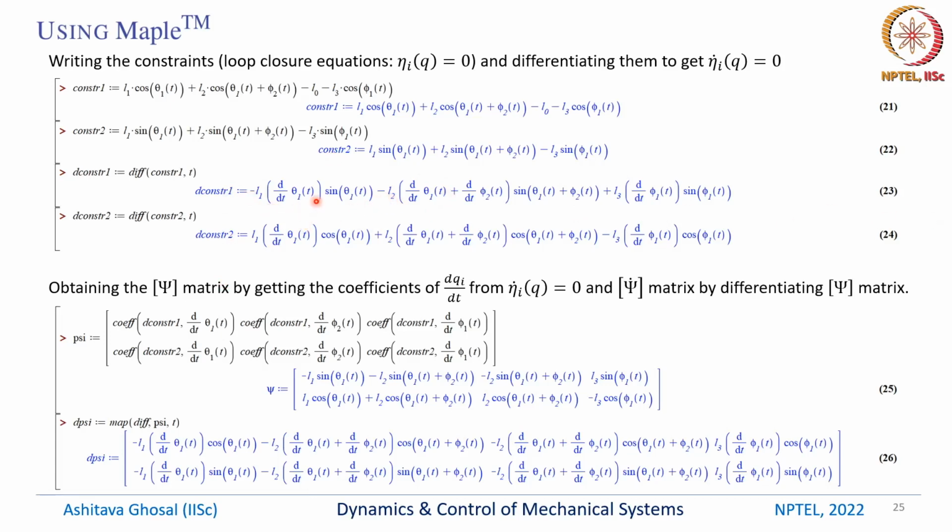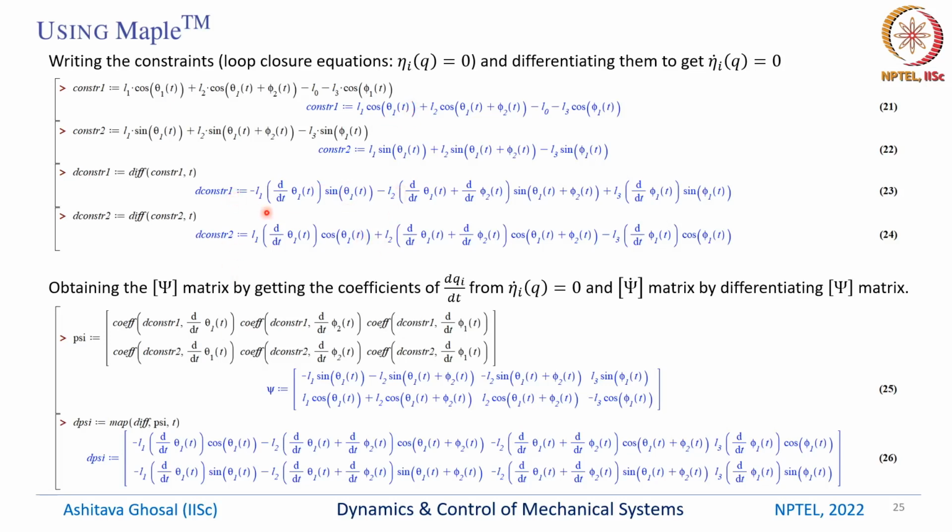This will contain theta 1 dot, then it will contain phi 2 dot, and so on. Because we are taking the derivative of this constraint equation, we will have to use the chain rule. So L1 cos theta 1 will become minus L1 sin theta 1, and then also one more term with theta 1 dot. So this is what you will get.